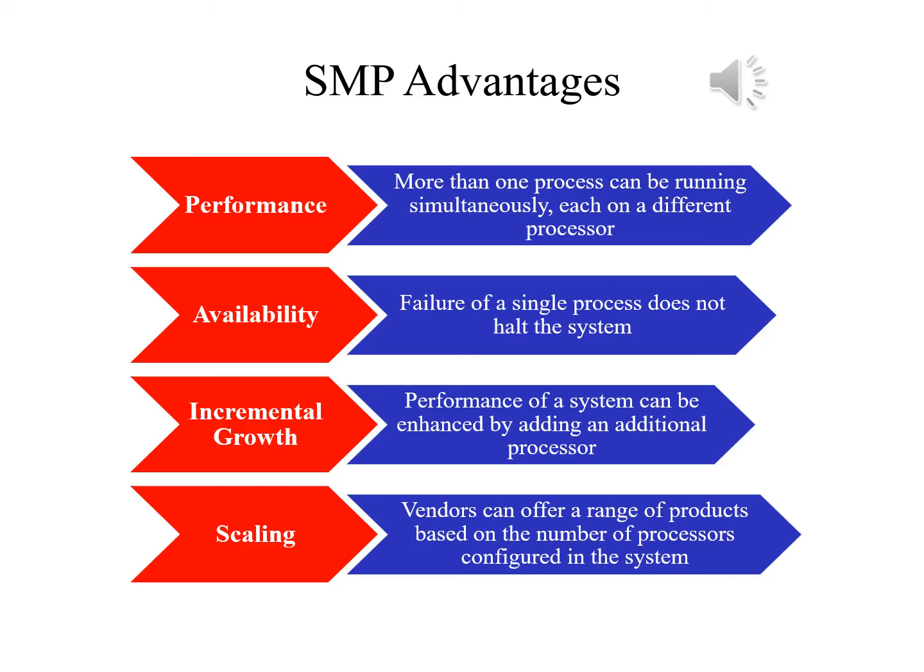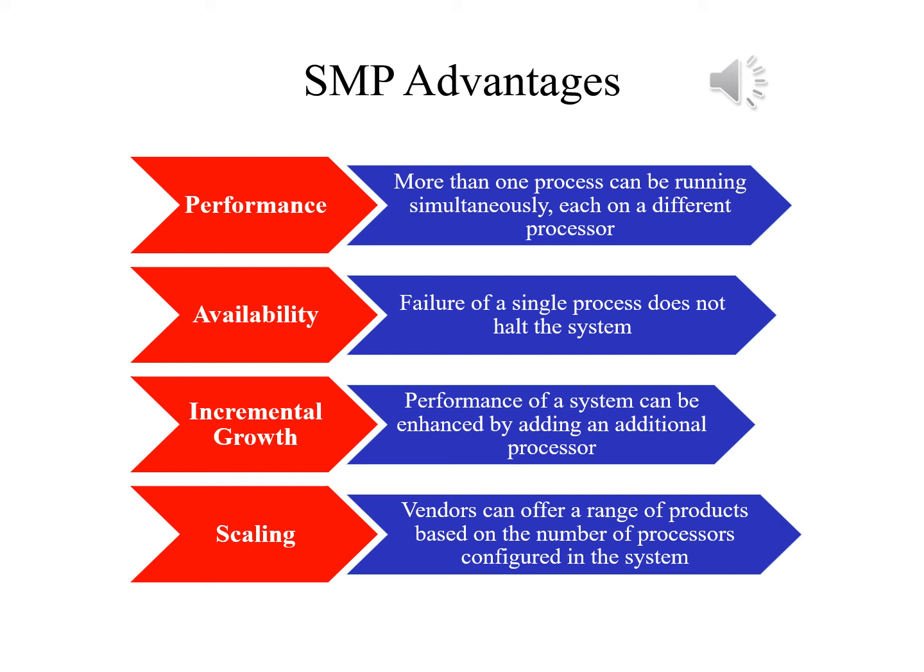SMP has a number of potential advantages over uniprocessor architecture, including the following. Performance. If the work to be done by a computer can be organized so that some portions of the work can be done in parallel, then a system with multiple processors will yield greater performance than one with a single processor of the same type.